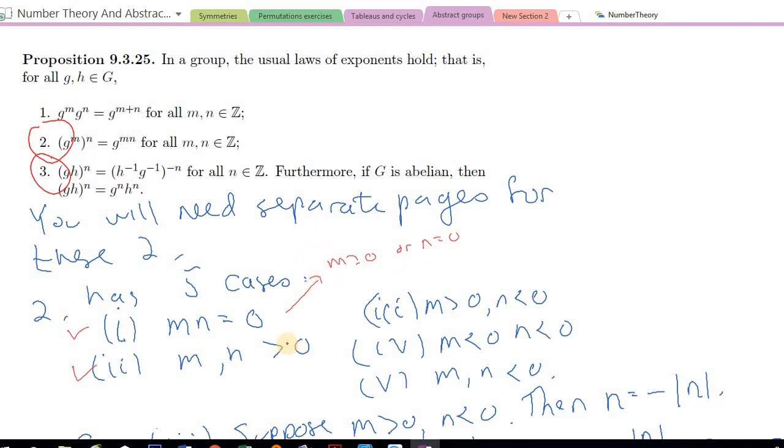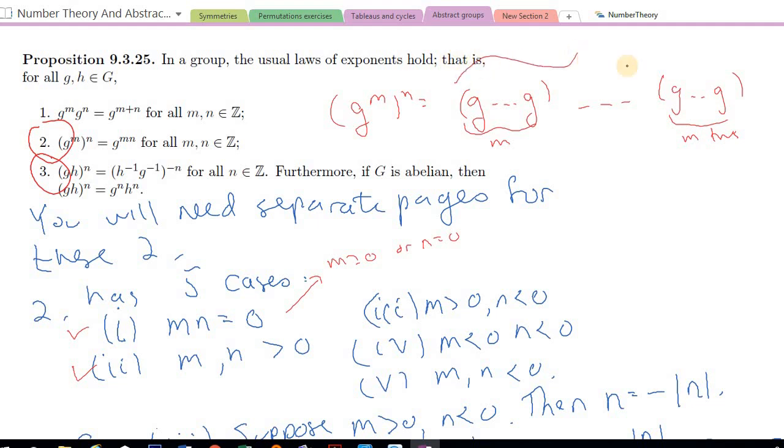You can write something like this: g to the m to the n is equal to g, this is m times, and then all together you're going to do this n times. So how many g's do you have? You think about that, and that will give you property 2 when m and n are greater than 0.